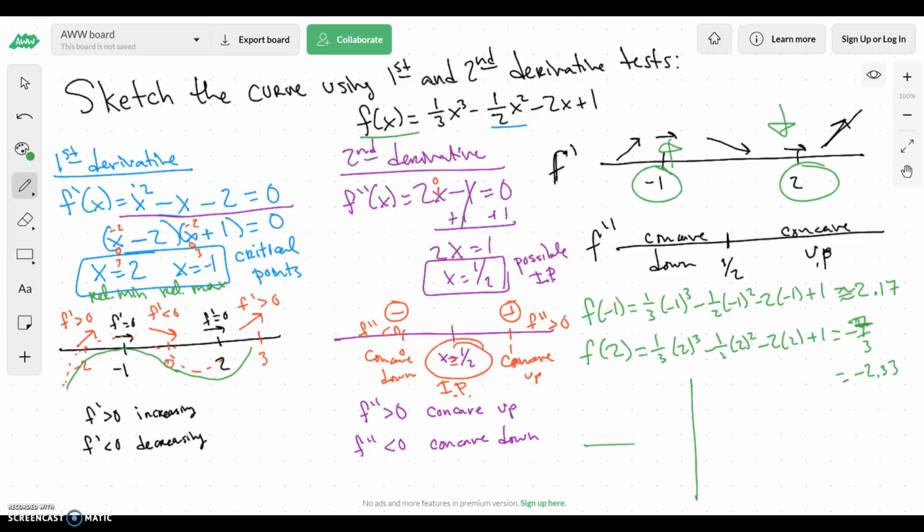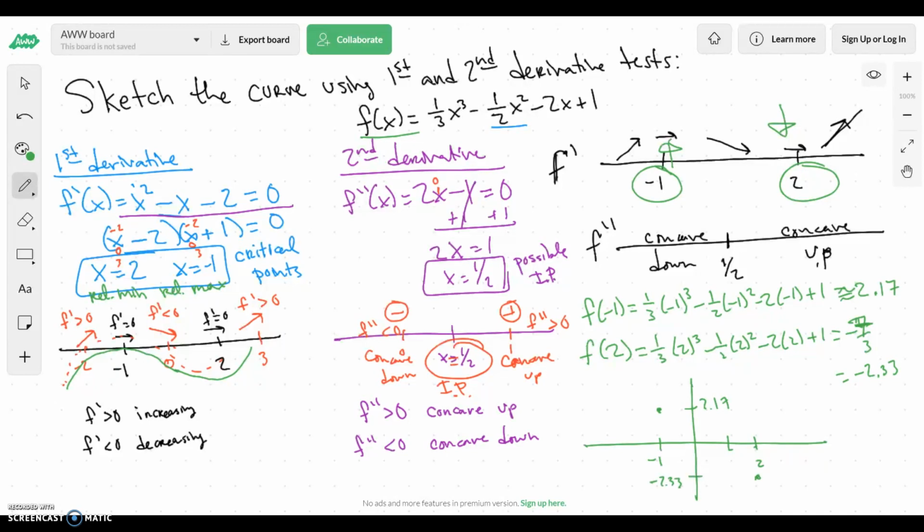So this gives us a lot of information. At -1, this goes as high as 2.17. So let's say this is 2.17. So this is where that's going to be. Then here is 2, and at 2 it's going to be -2.33.